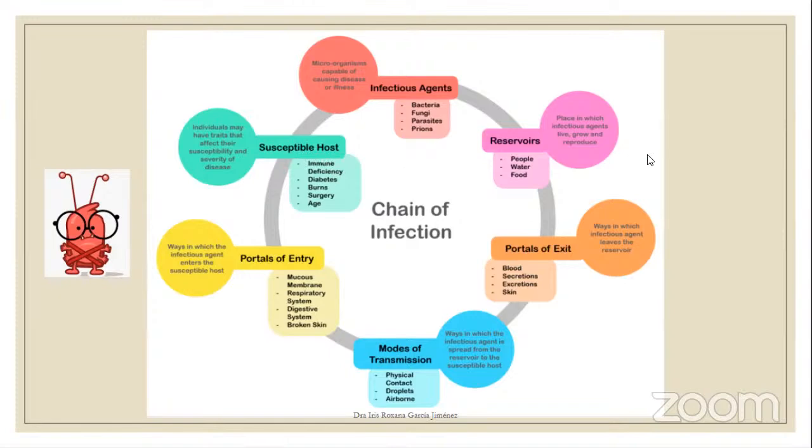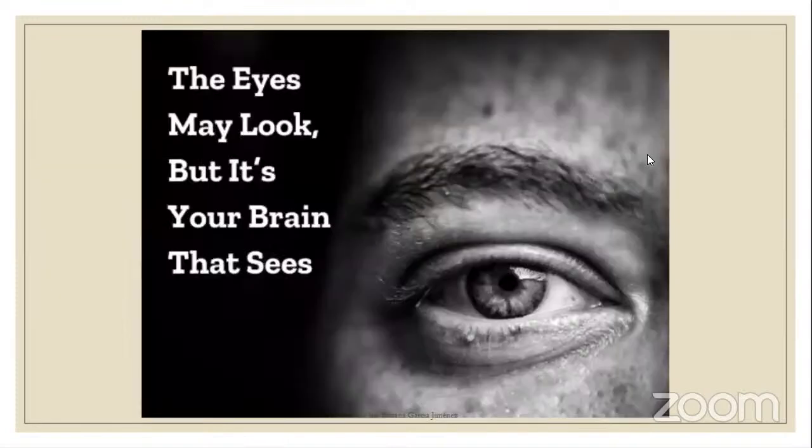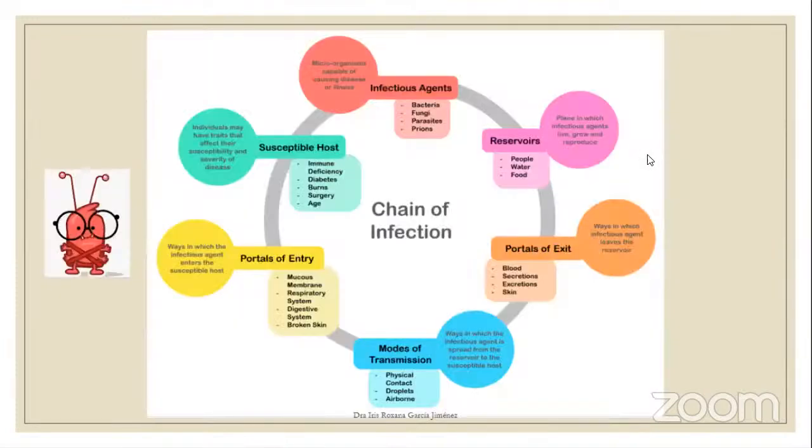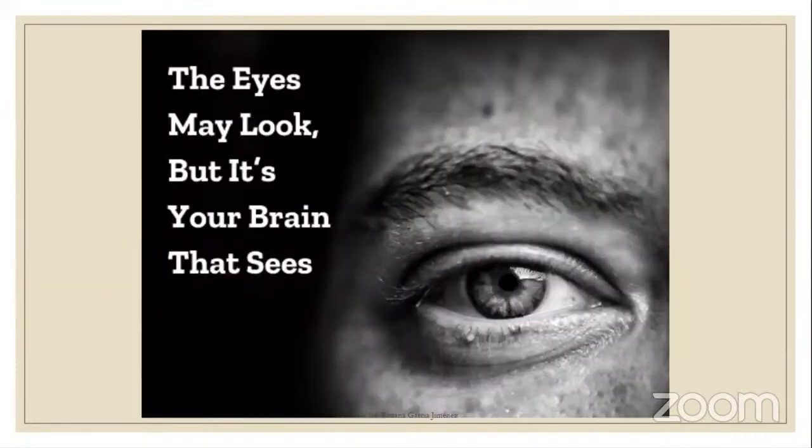According to this, we got the meaning of the chain of contagion, how infections spread, and how easy it is to correct them. And remember, the eyes may look, but it's your brain that sees. If we don't know these meanings, we don't have the chance to complete all of these topics, right?